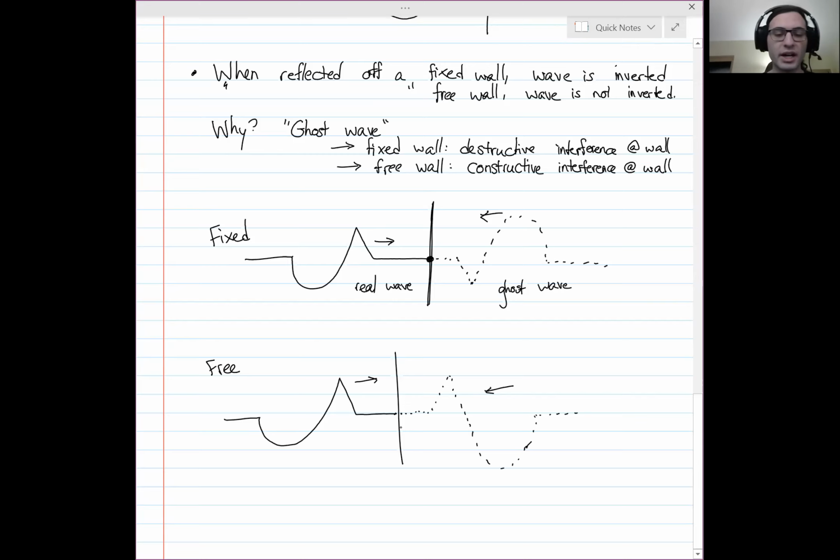Now, again, I have some more animations for you guys from GeoGebra. Very useful visualization tool. Let's see if I can get this to work. Come on. Zoom out a bit.